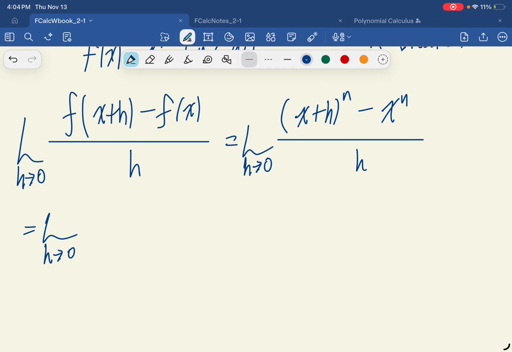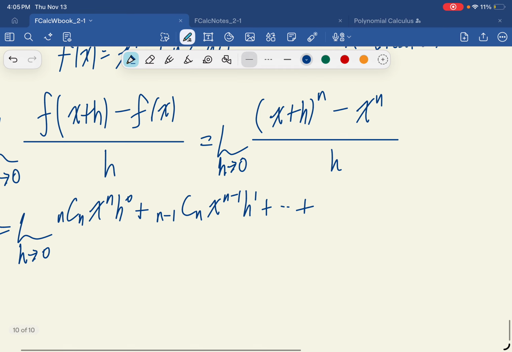Let's expand this. Okay, x to the power of n h to the power of 0, nCn, right? Plus n minus 1 Cn, x to the power of n minus 1 times h to the power of 1. And then we keep going until we get to the final three terms.